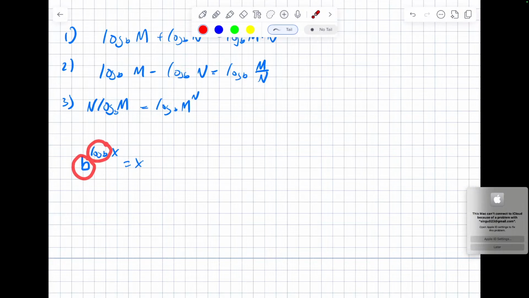If they're inverse to each other, they kind of cancel each other out. So that would help you solve some problems. And you can have log base b of b to the x. That's also equal to x. So this is called the inverse property of log. You can use this as well.